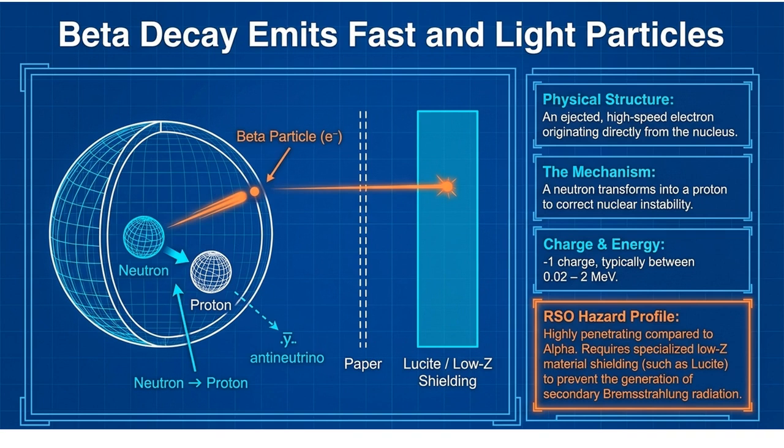These particles carry a -1 charge and are more penetrating than alpha particles. Effective shielding requires specialized low Z materials such as lucite to prevent the generation of secondary Bremsstrahlung radiation.